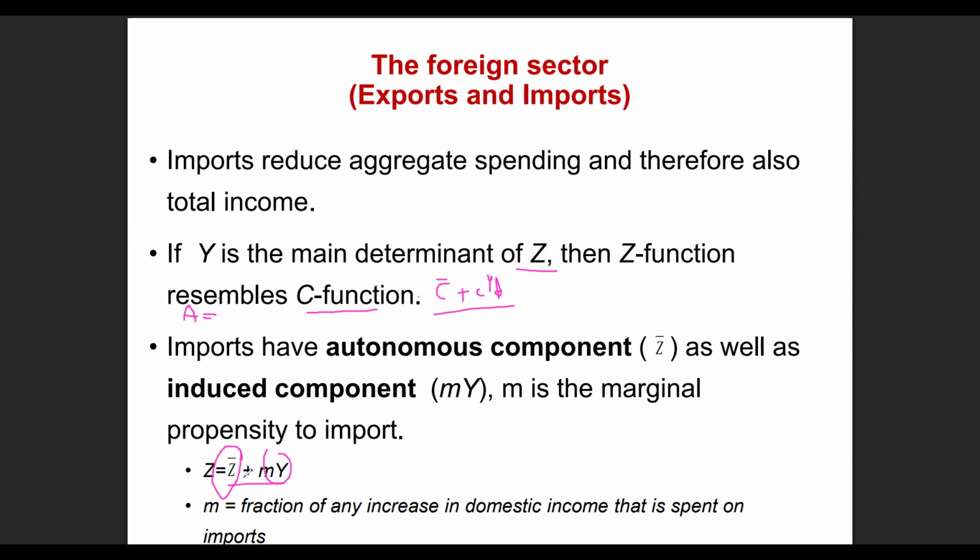So the Z function, or the import function, is given by autonomous import plus induced import.